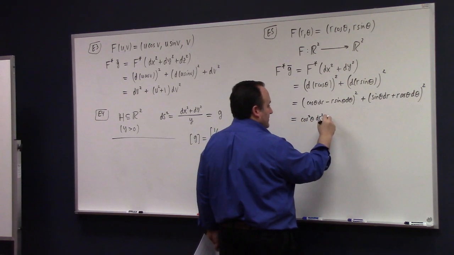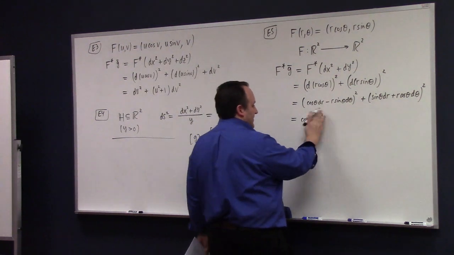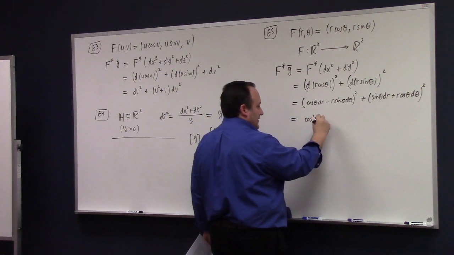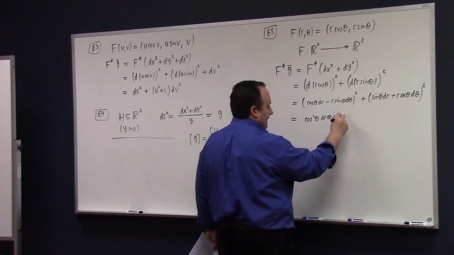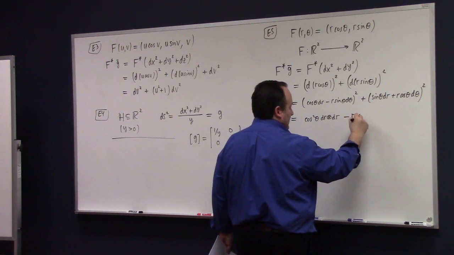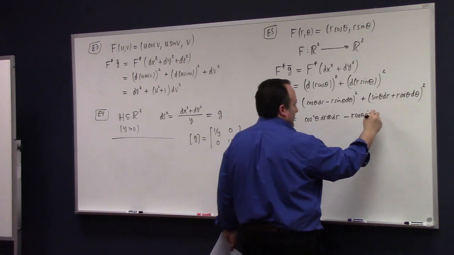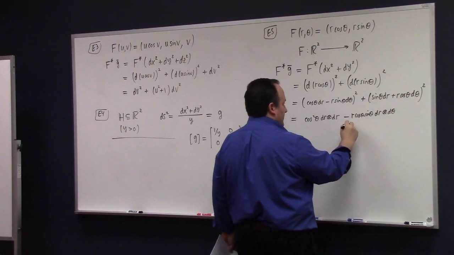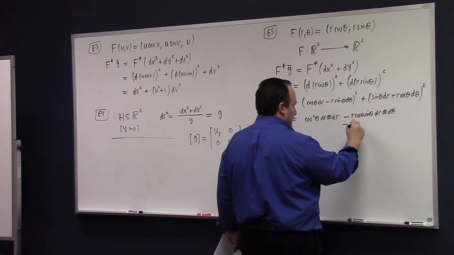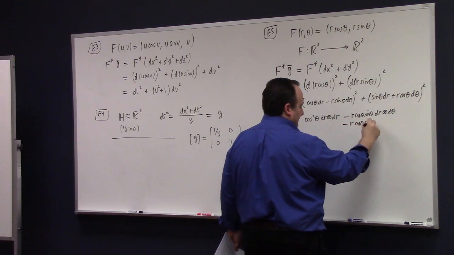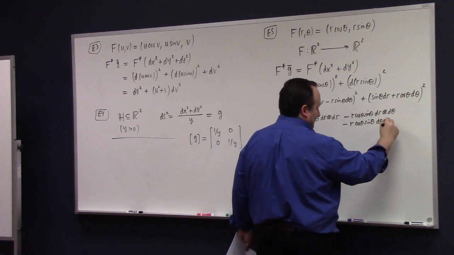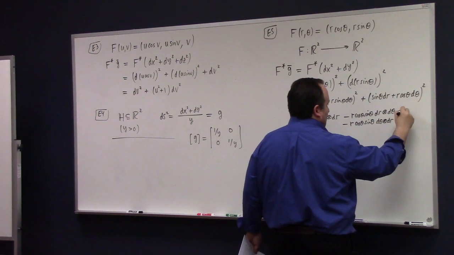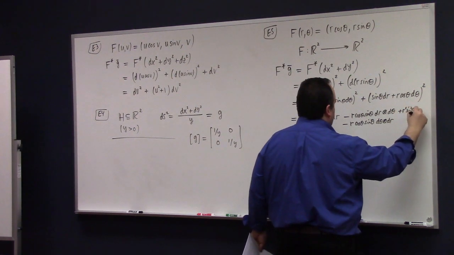I feel obligated to write it out since we're at this point. So that's cosine squared theta dr tensor dr, minus r cosine theta sine theta dr tensor d theta, minus r cosine theta sine theta d theta tensor dr, and then of course plus r squared sine squared theta d theta tensor d theta.